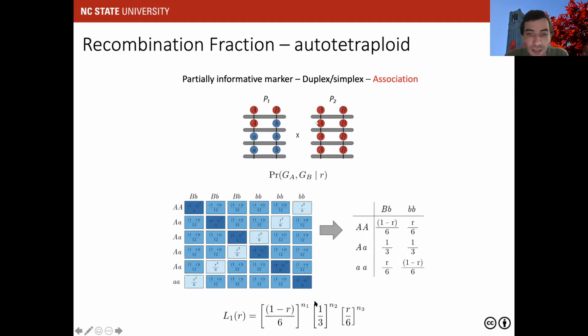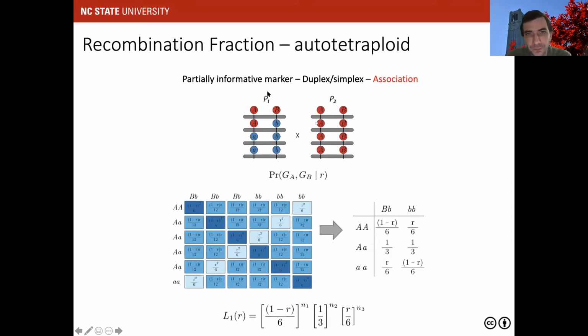And again, you use this and you have your likelihood function. You can maximize this likelihood function, and you have the recombination frequency, right? The N1, N2, and N3 are just the numbers of the genotypes we observed in the biparental population.